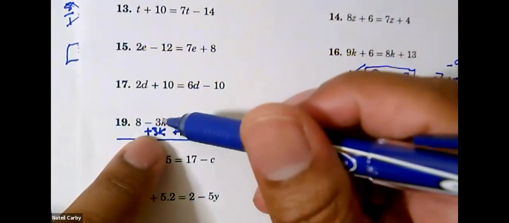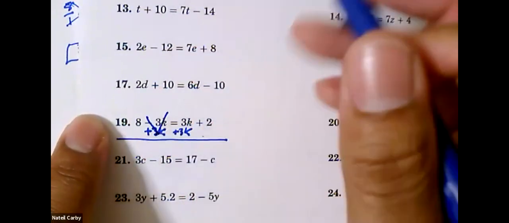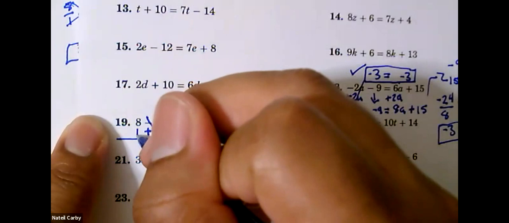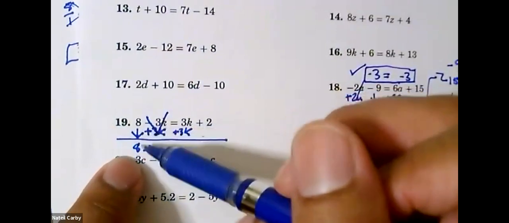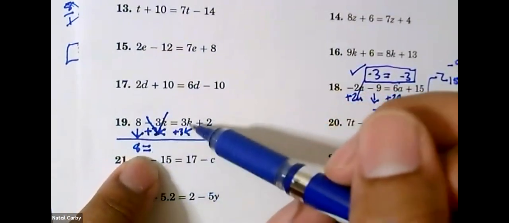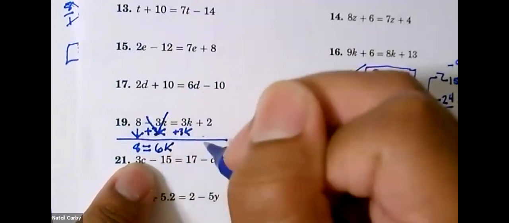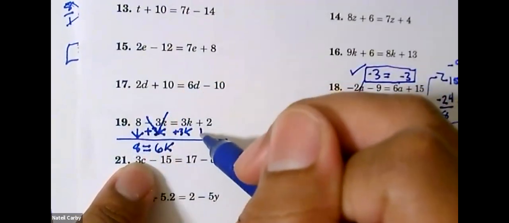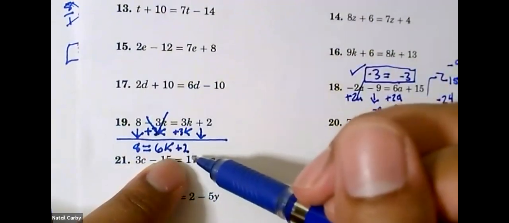Okay, minus 3k plus 3k, they cancel because that equals 0. I bring down my constant, Mr. 8. So on my left side, I got 8 equals 3k plus 3k, 6k. And I bring down my plus 2.